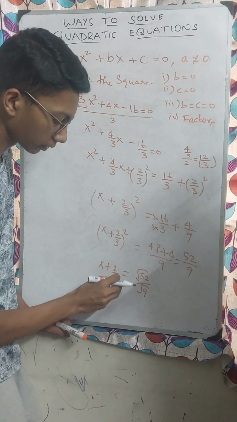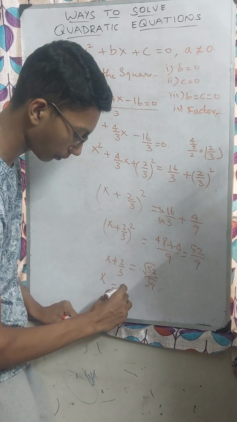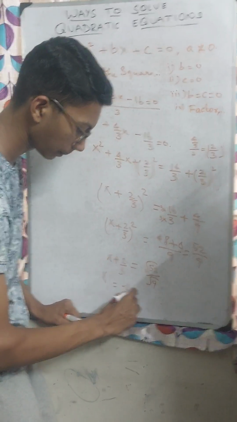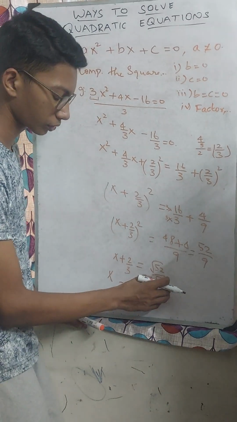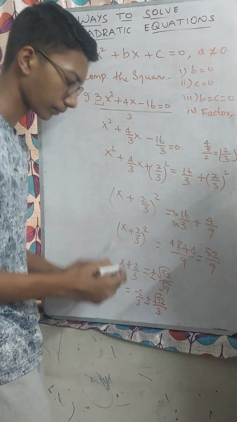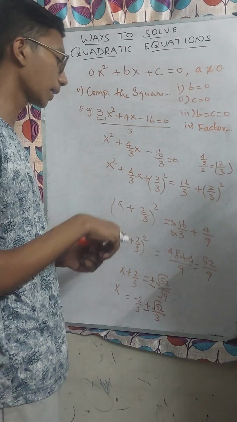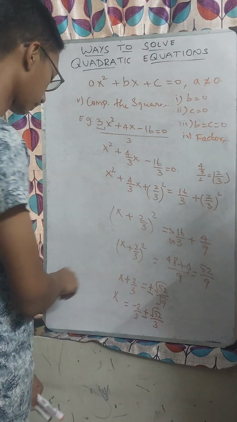So we take this 2/3 to the other side. So x becomes -2/3 plus or minus √52/3, since √9 is 3. Don't forget the plus or minus here. This is a more reliable way since we can use this method to solve any quadratic equation.